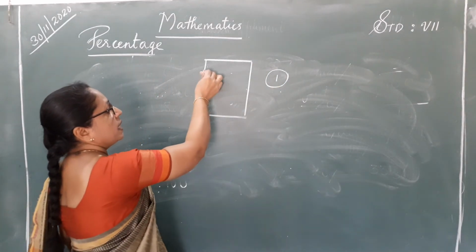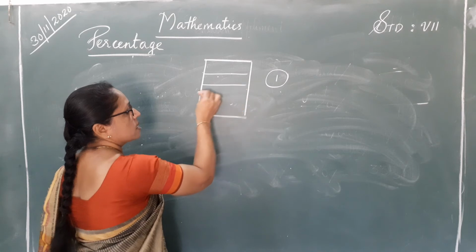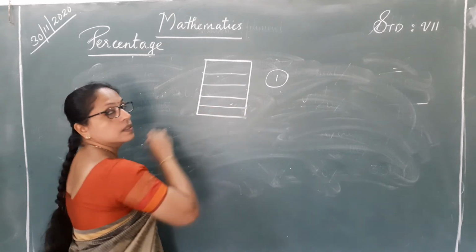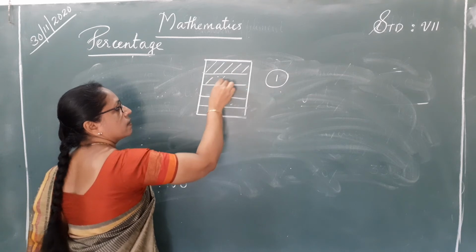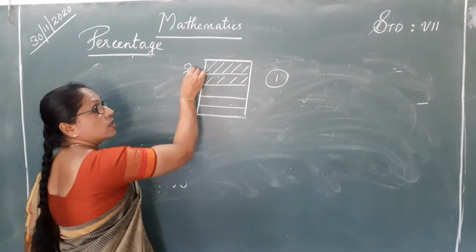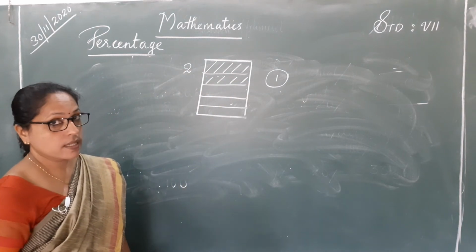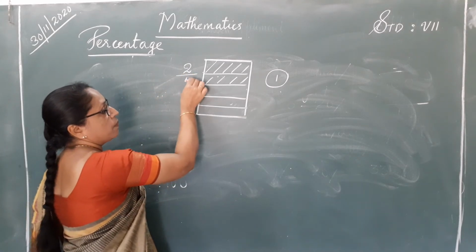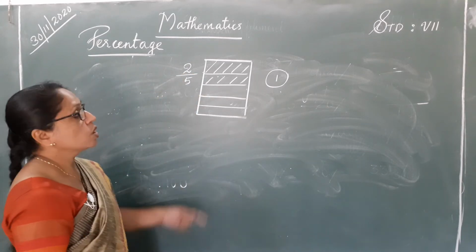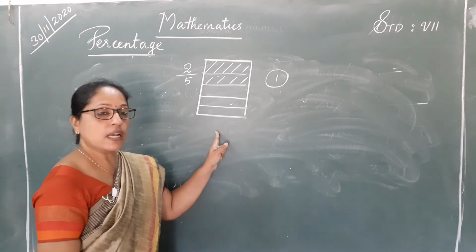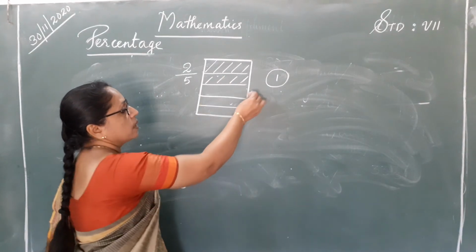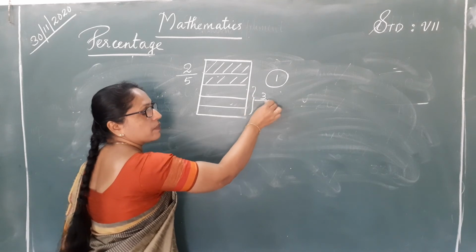Then, if you divide it into 5 equal parts and shade 2 equal parts, we call it what? Yes, correct. The shaded part is 2 by 5. So what is the remaining unshaded part? Yes, out of 5, 2 are shaded, so the remaining is 3 by 5.